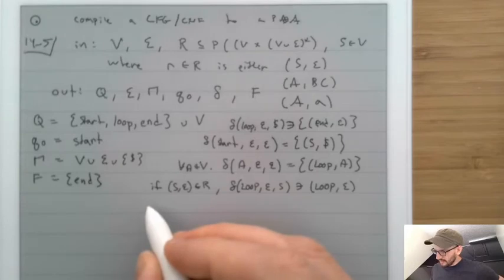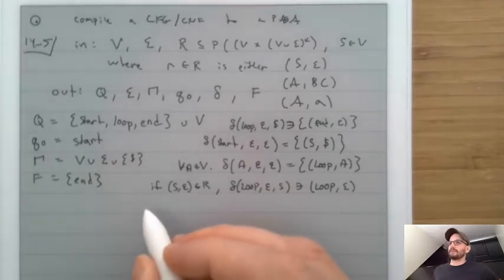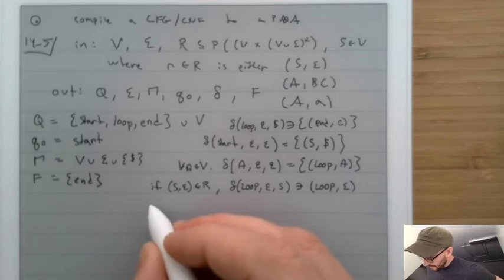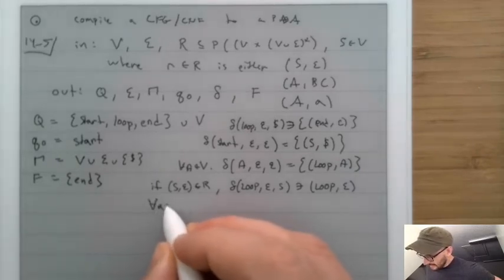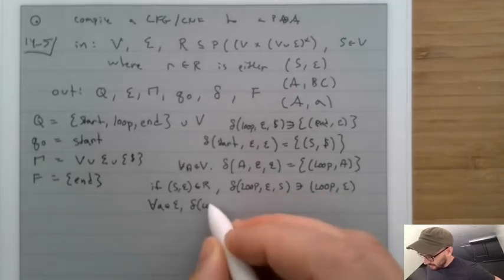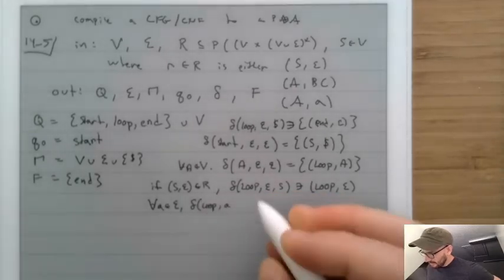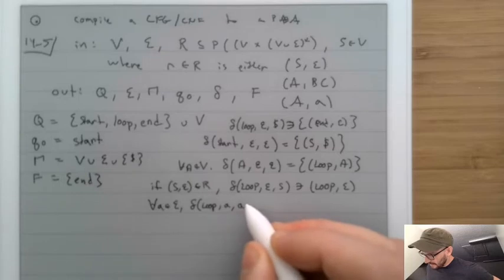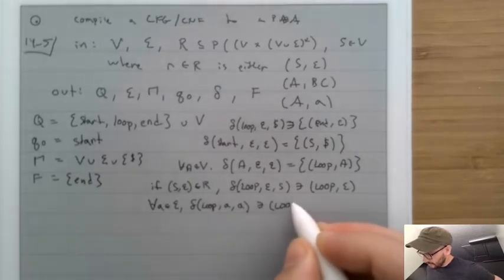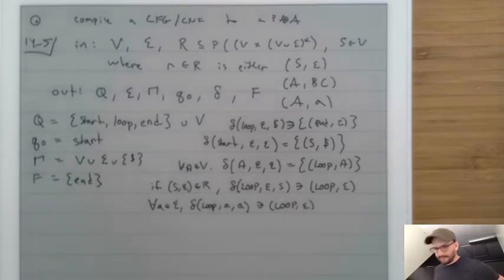We're going to add rules that say for all little a inside of sigma, delta of loop, that thing in the input and that thing on the stack will include loop epsilon.